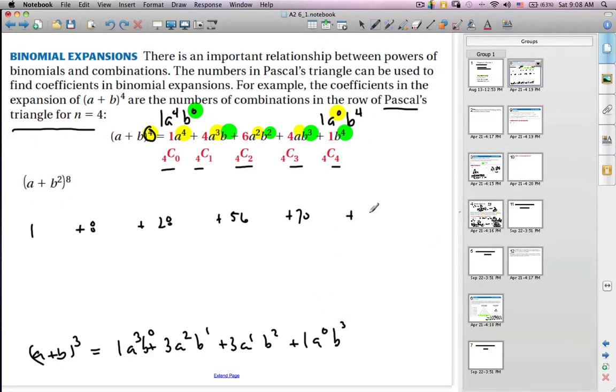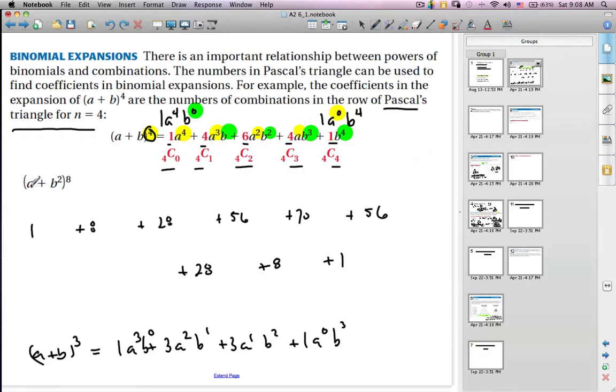So plus 56. And I'm going to use 2 lines to do this. I want to be really clear and leave a lot of room. My handwriting's pretty bad, as you're probably already aware by now. Plus 1. All right, so these are the coefficients from the 8th level of Pascal's triangle, and they're the coefficients here in my binomial expansion. So that's one of the 3 parts.